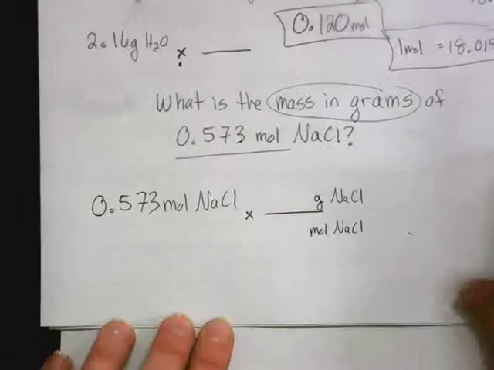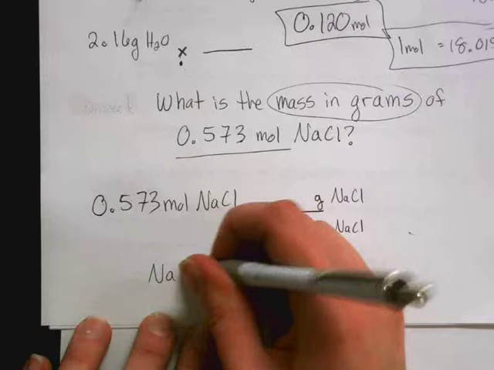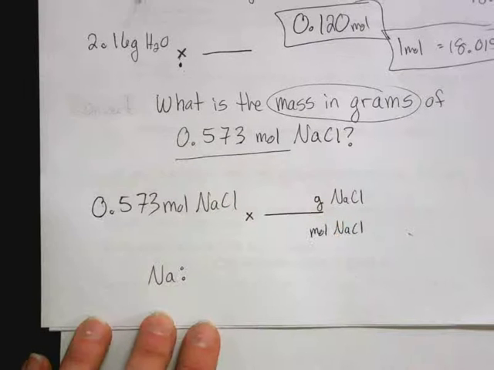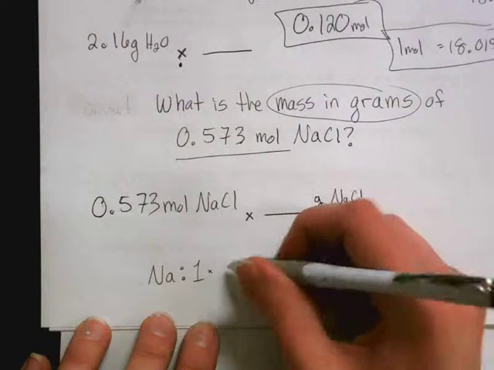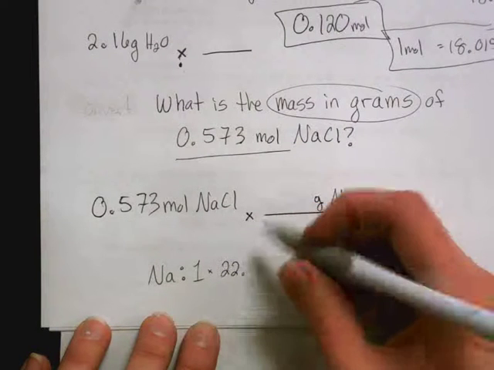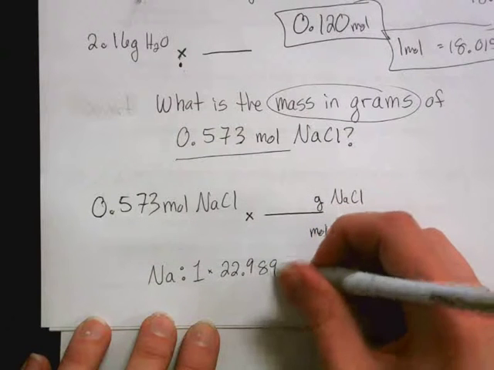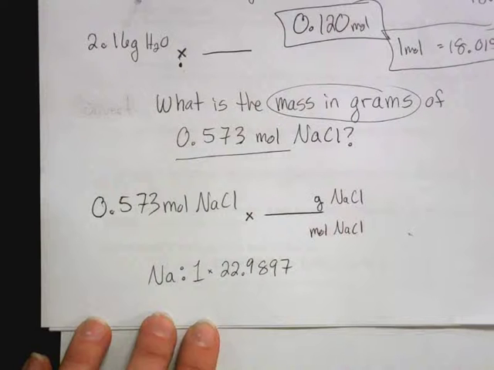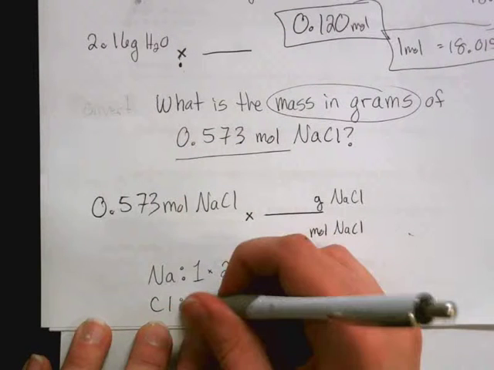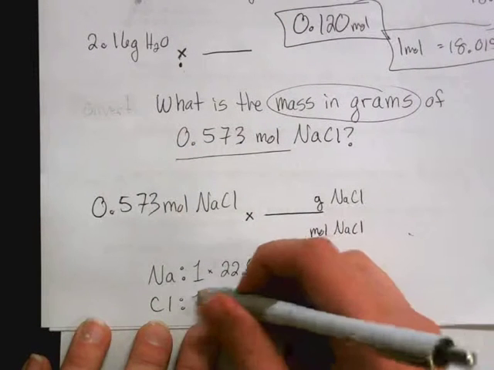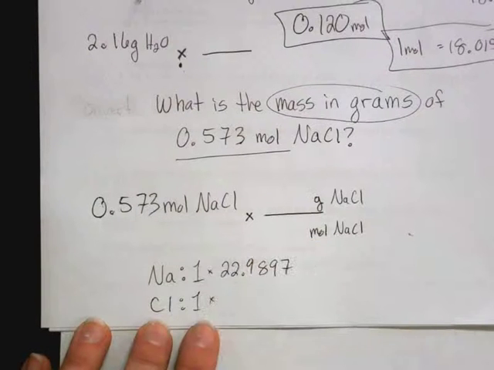So I find the molar mass of NaCl. I have 1 sodium. Sodium on the periodic table has a mass of 22.9897. Chlorine, I only have 1 of those.